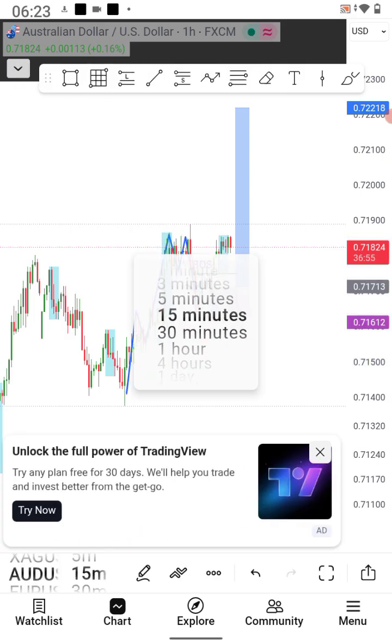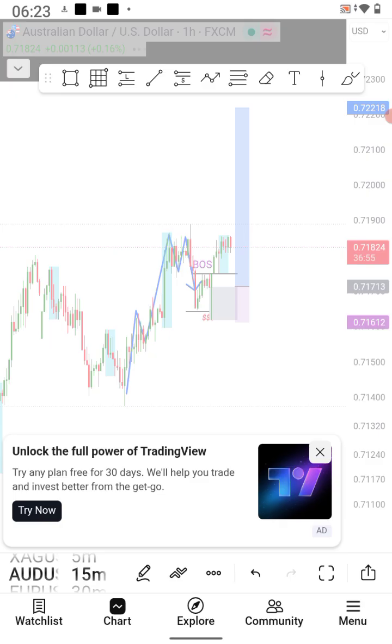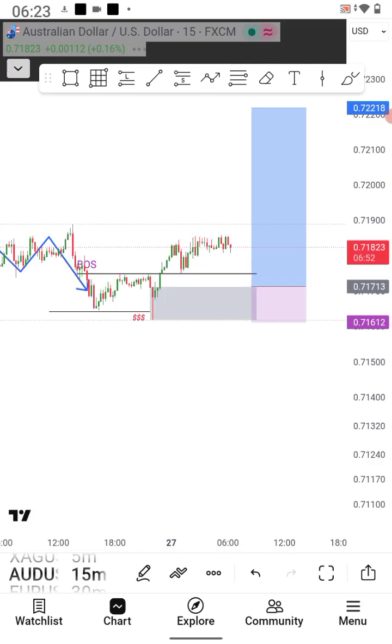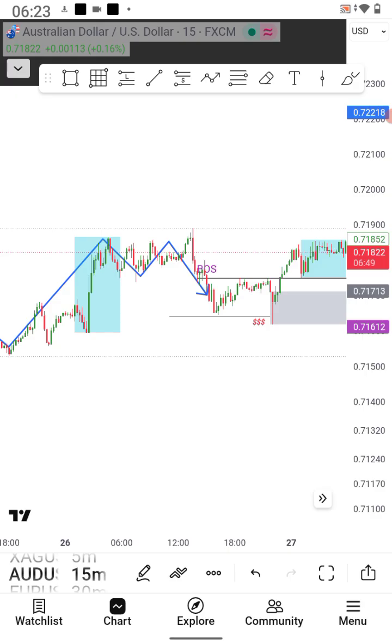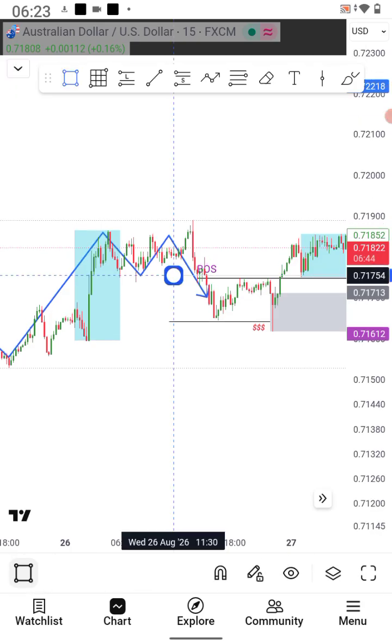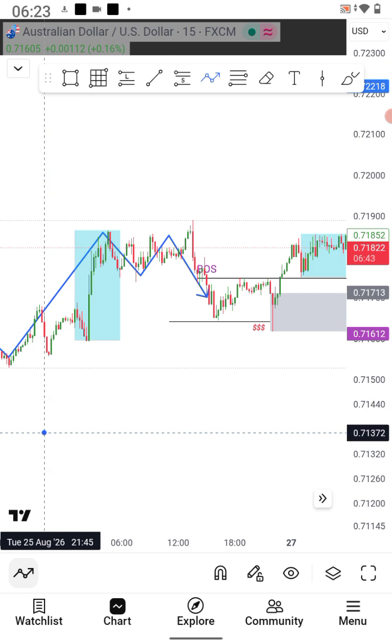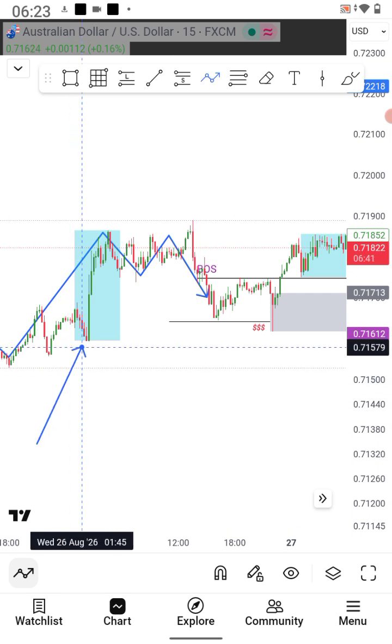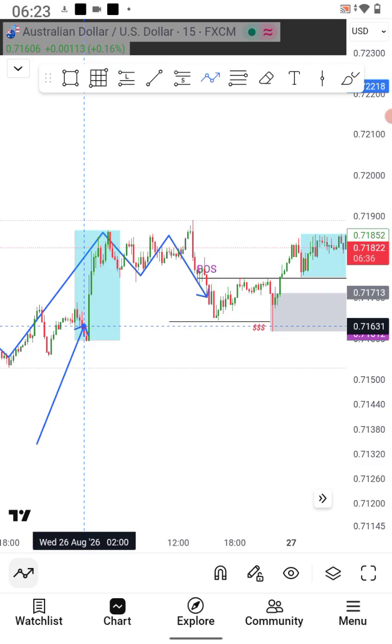15 minutes time frame. You can see the other block, this particular candle, and it looks just the way I like it. I may be wrong, but this is how I like my other block to be. And you can see the market respected it very neatly. Are you seeing it now?